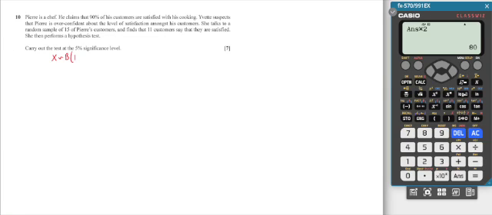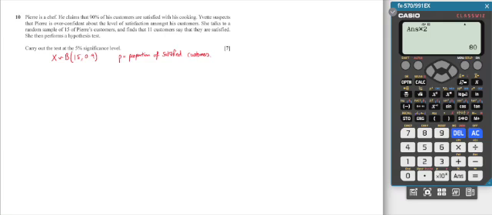We've got 15 people, and we've got p is 0.9, and again, p is the proportion of satisfied customers. Always need to define what p is.